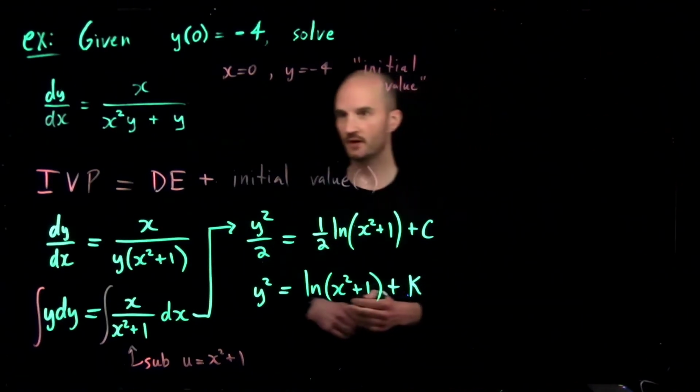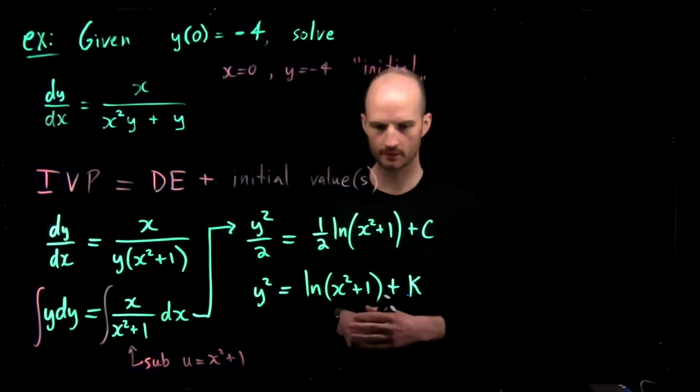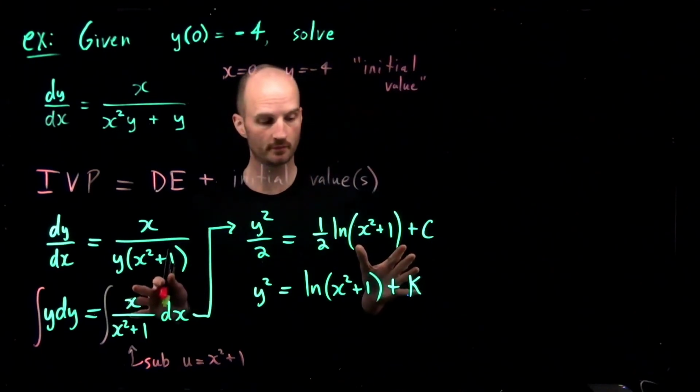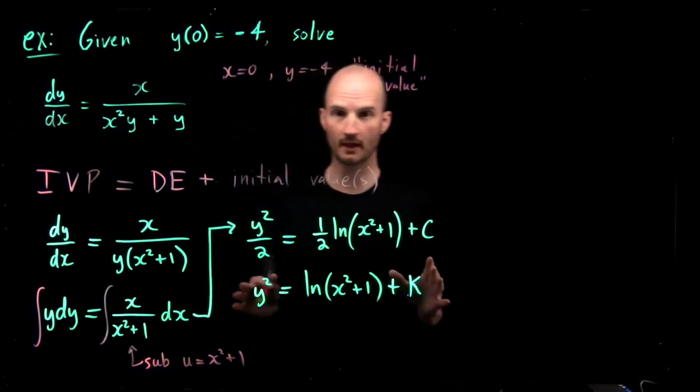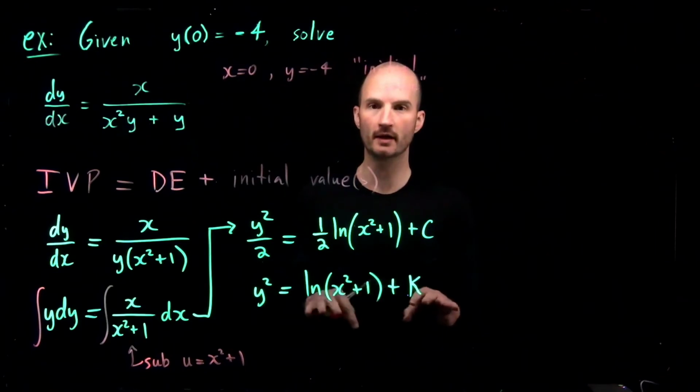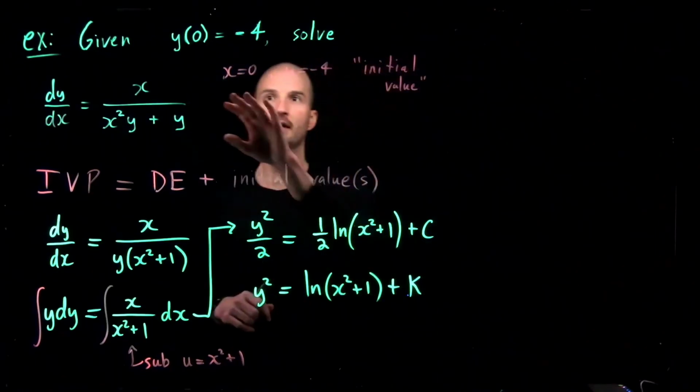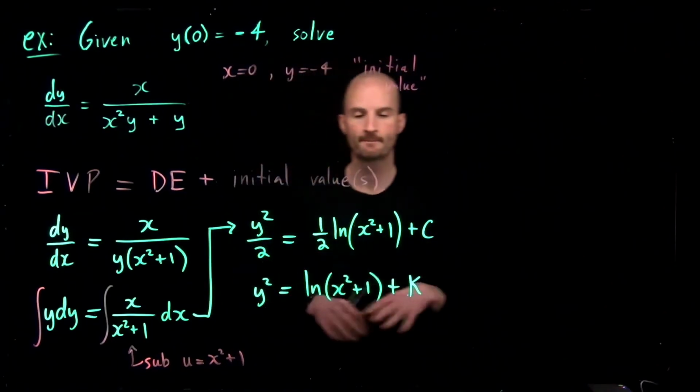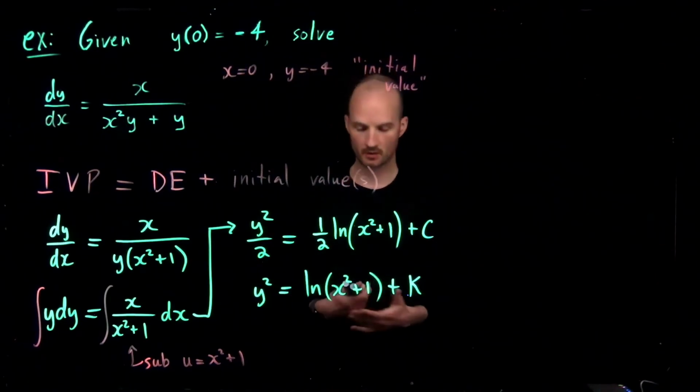At this point I would like to find k. I don't want to solve any further before finding k. k is very available right now. So I should use my initial conditions and find k. When x is 0, y is -4.